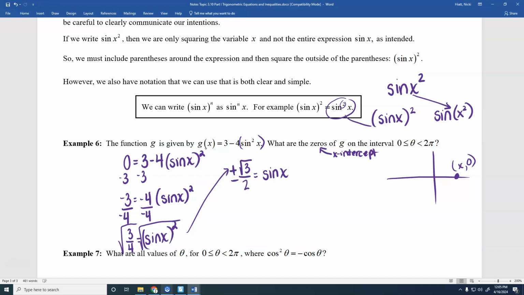So when you square root both sides of an equation, we must put a plus or minus there.